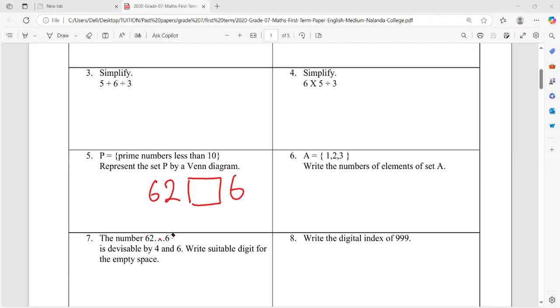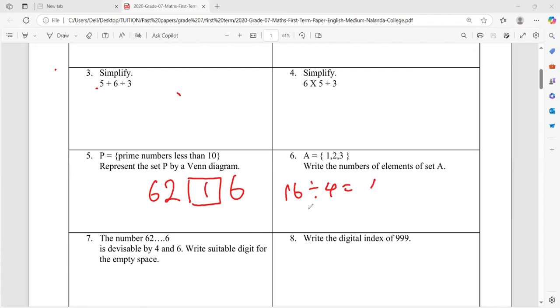So since it is divisible by 4, the number which is made by these 2 digits must be divisible by 4, right? So if I write 0, it doesn't work. 0, that means 6. 6 is not divisible by 4. Therefore, let's take 1, then 16. 16 is divisible by 4.